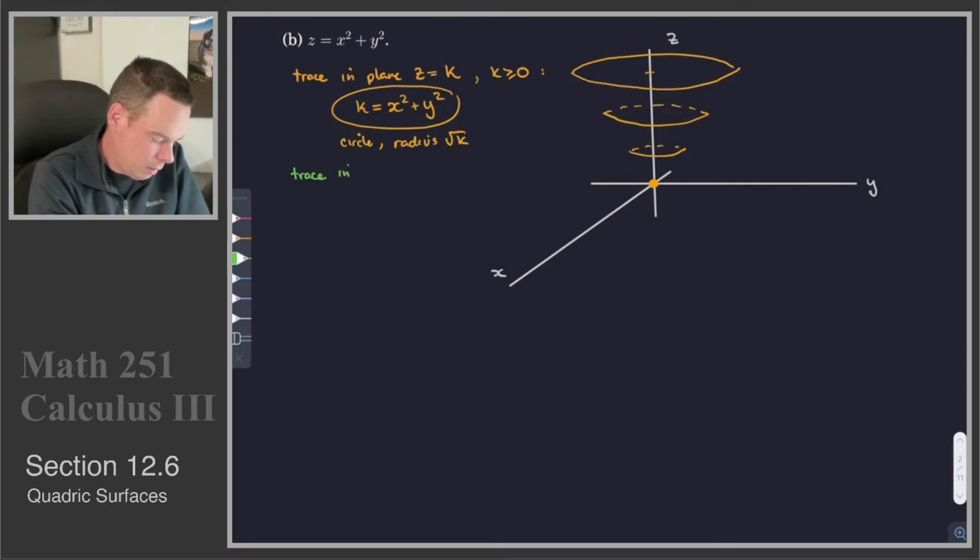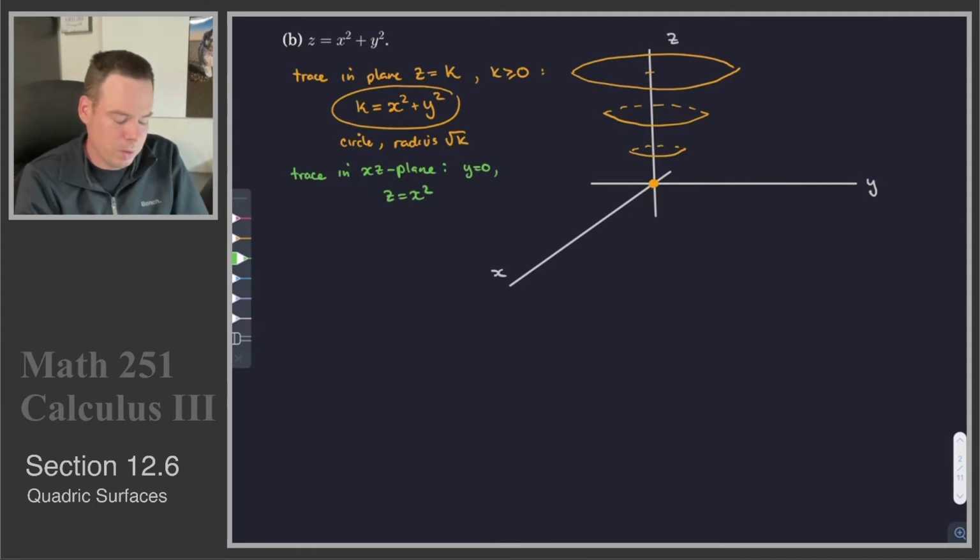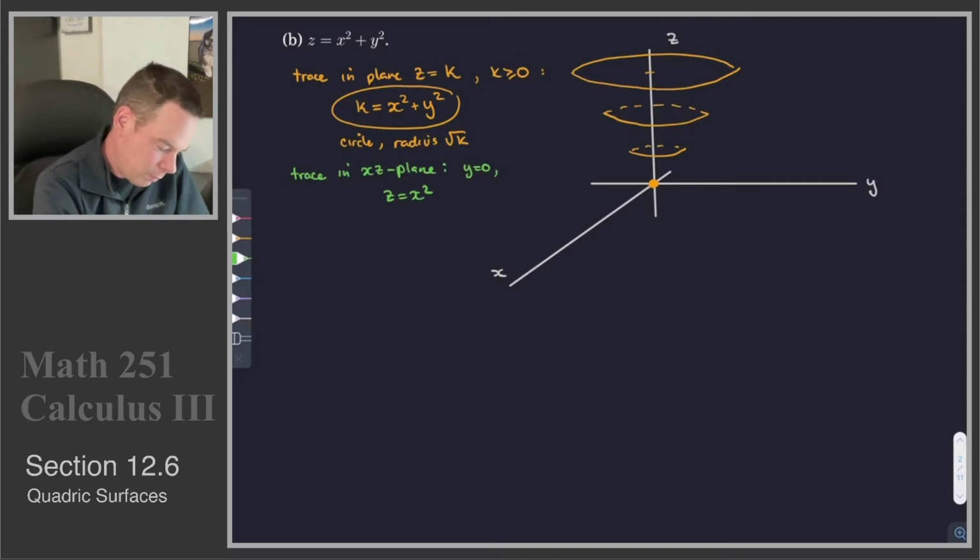So trace in the xz plane. What would that be? Well, the trace in the xz plane, that's when y is equal to 0. So we would plug that in, and we get that z is equal to x squared. It's like, okay, when it intersects the xz plane, it looks like a parabola.